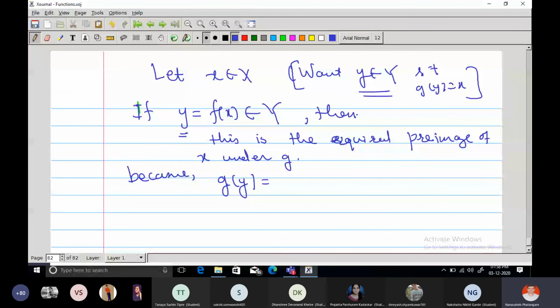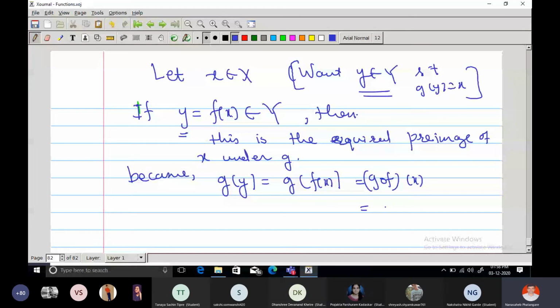If you apply g on y, then what is this? g of f(x), because y is f(x). This is g composite f of x. But what is g composite f of x? It is x.